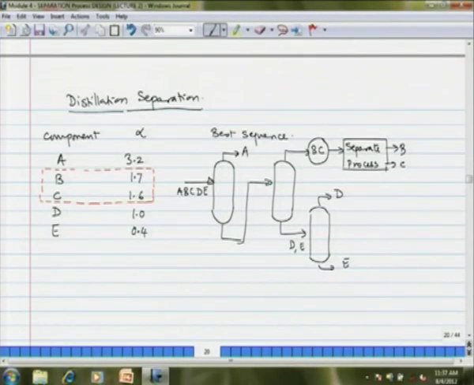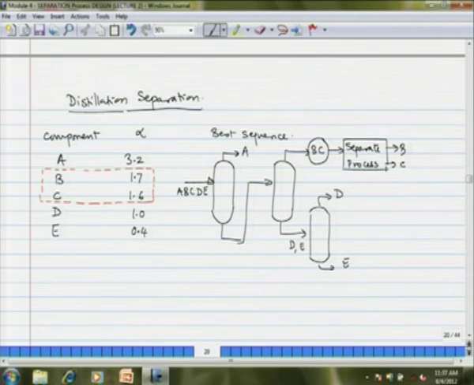So, E being a heavier component, with a higher boiling point, has an alpha lesser than 1. Now, with respect to D, C has alpha of 1.6, B has alpha of 1.7, A has alpha of 3.2.